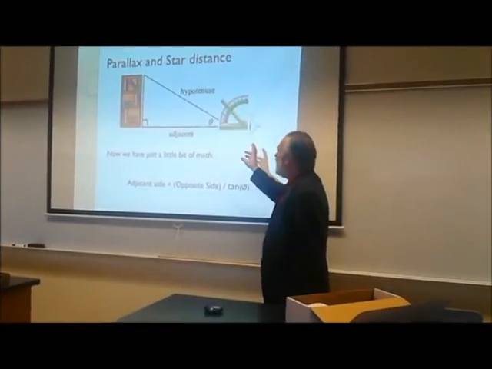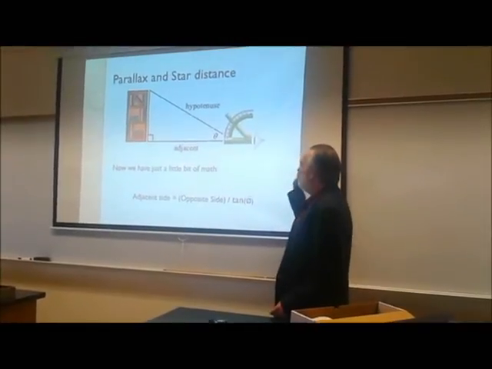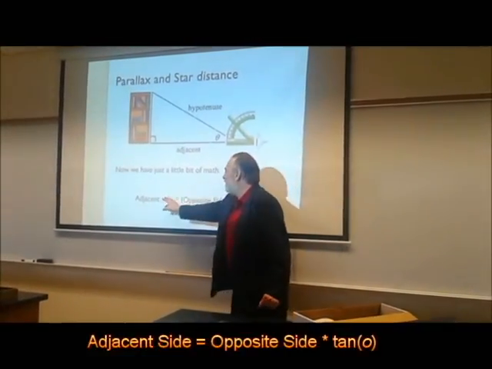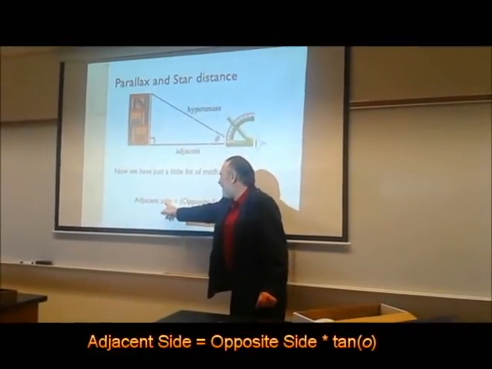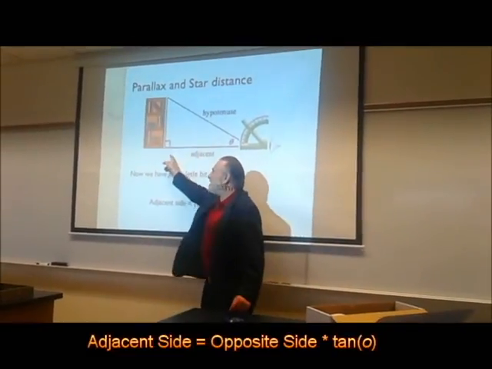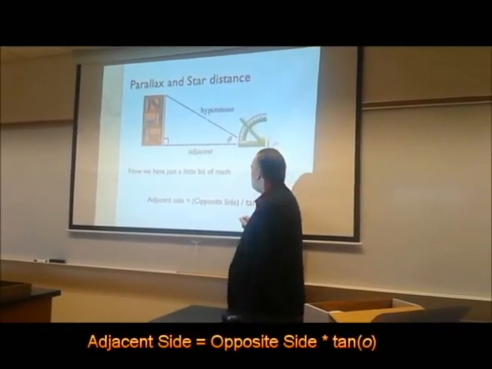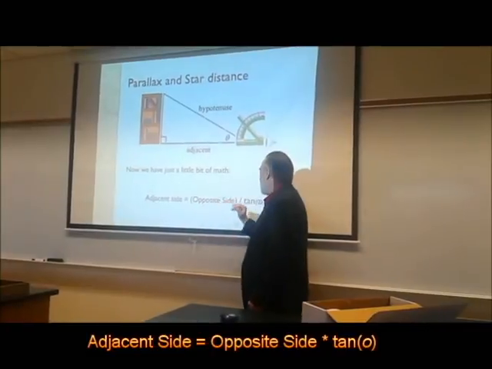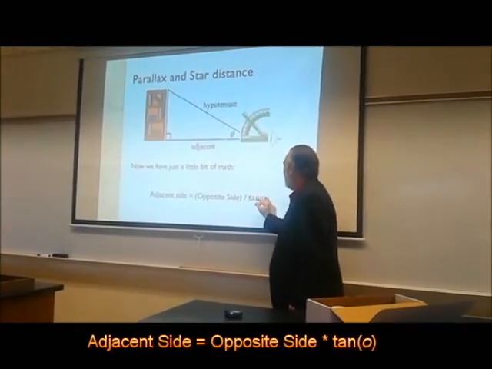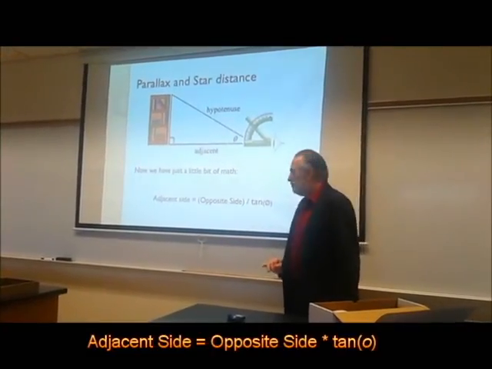Now, that angular displacement, with just a little bit of math, if I can get the adjacent side, which is the distance to that bookcase, if I know the opposite side and the tangent of the angle.